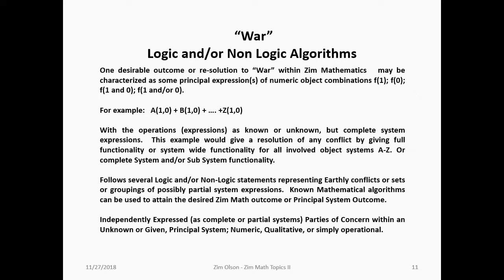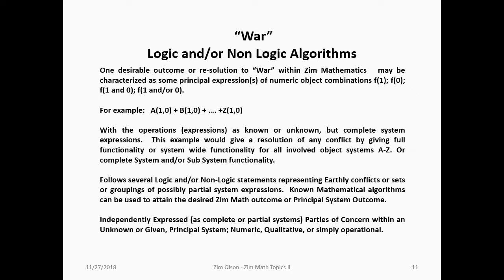So within the mathematics may be characterized as some principal expressions, numeric object combinations f1, f0, f1 and 0, f1 and or 0. For example, a plus b, a1 and or 0 plus b1 and or 0 plus expressed exhaustively through z1 and or 0 as a function of operational systems, complete, partial, known, or unknown.